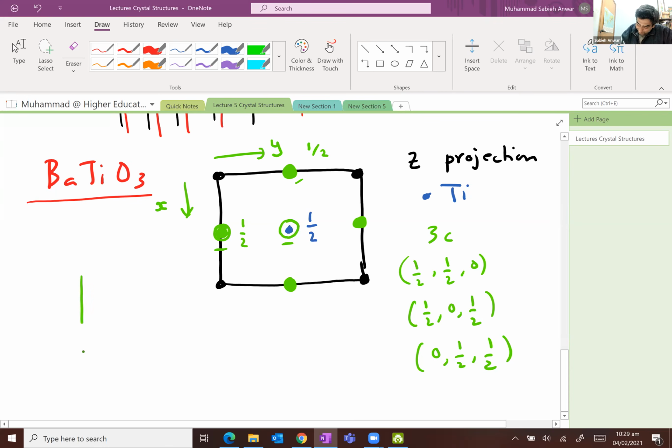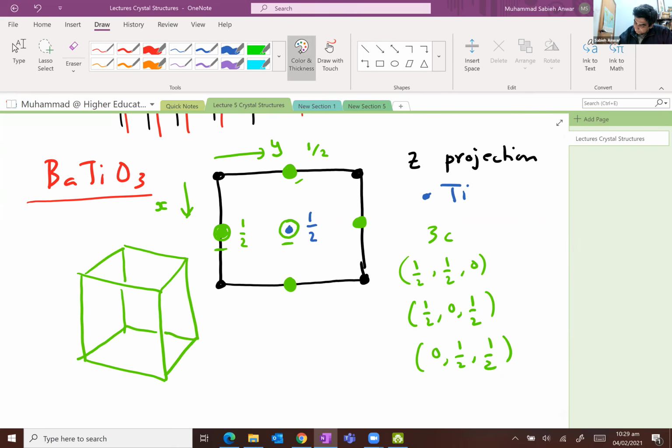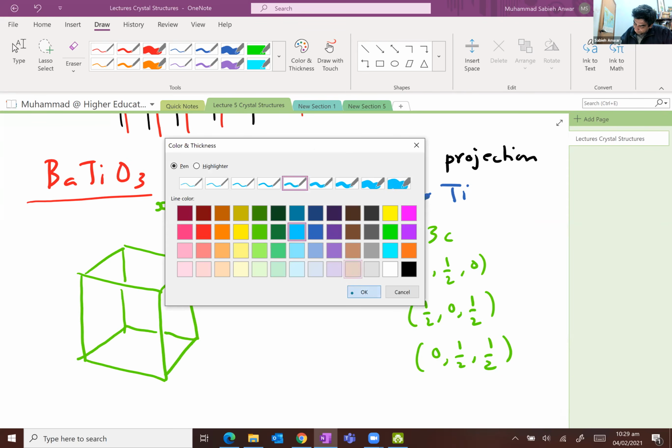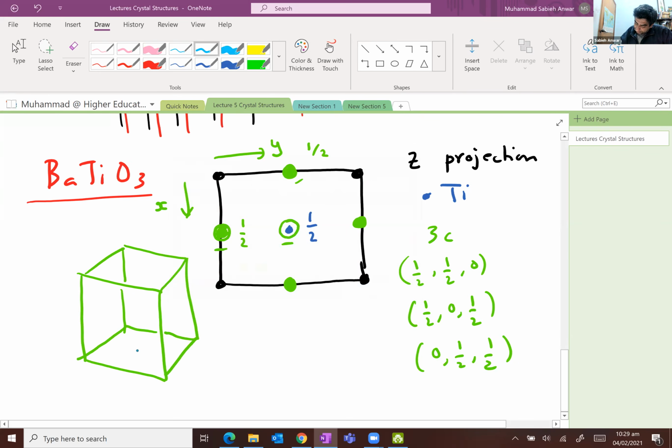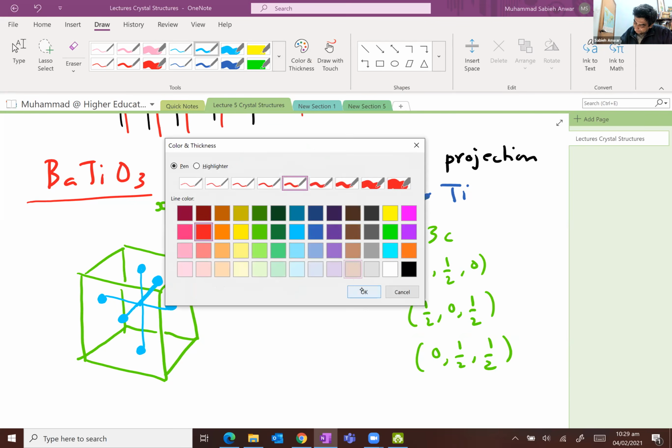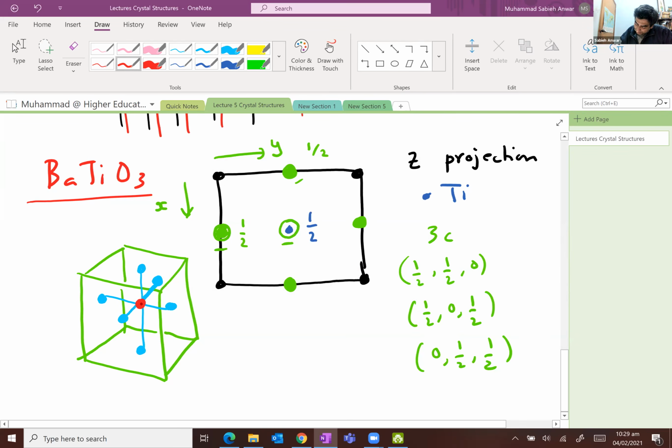So if I were to draw this structure and place the oxygen atoms, I'm just going to draw the oxygen atoms now on this structure. An oxygen atom here, an oxygen atom here, oxygen here, oxygen here. Connect these points. Oxygen here. And here we also have a titanium atom, by the way, a titanium ion to be precise.